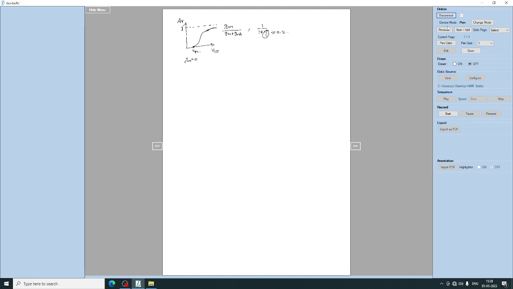So we have the result for the gain as GM into RS upon 1 plus GM plus GMB into RS. In this, even if RS approaches a very large value, the voltage gain of the source follower will not be equal to 1 even if it reaches infinity.